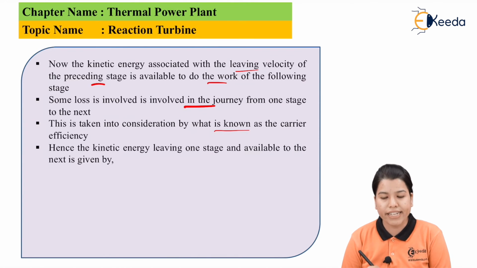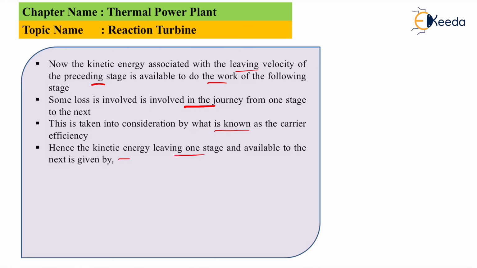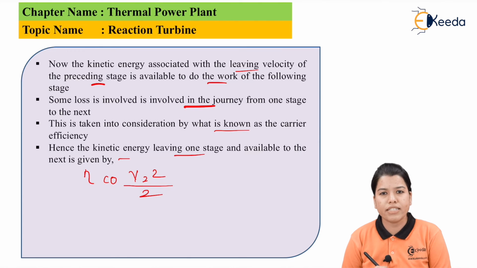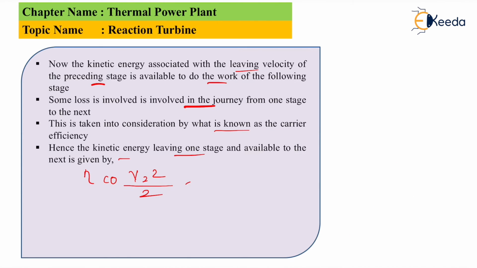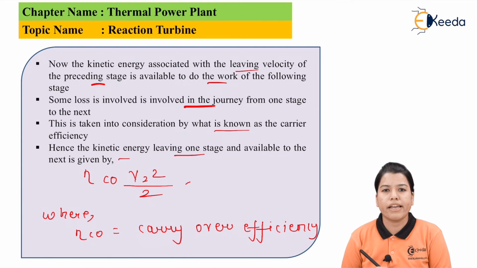Hence, the kinetic energy which is leaving from one stage and is available for the next stage can be given by NCO into V2 square divided by 2, where NCO is equal to carryover efficiency.